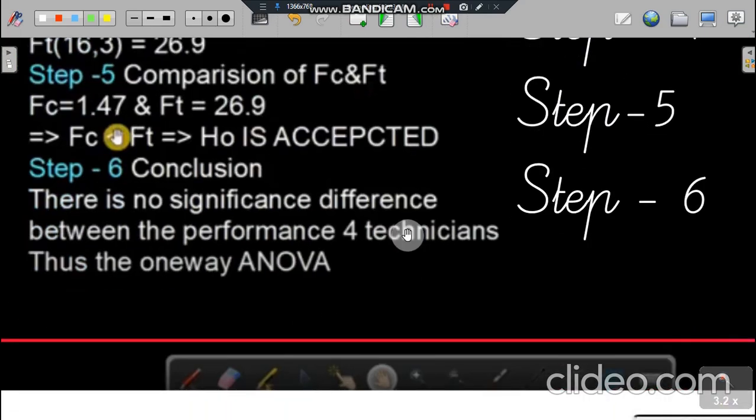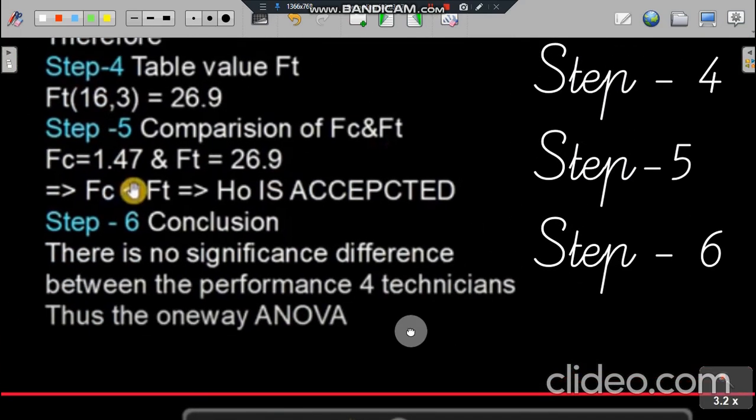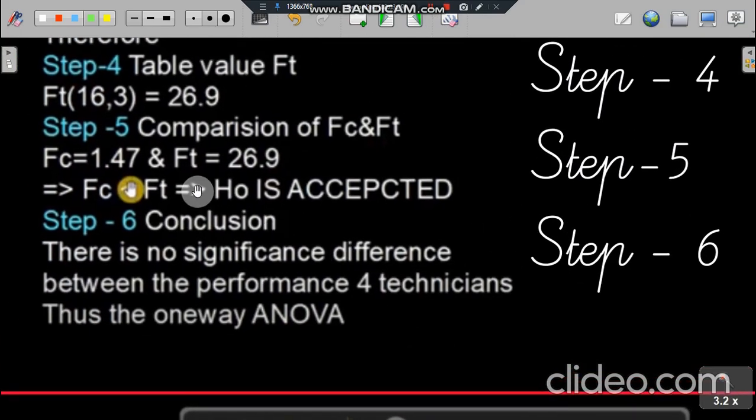And then the fifth step, take the decision. The calculated value is less than the table value, therefore H0 is accepted. When is H0 accepted? When the calculated value is less than the tabular value.